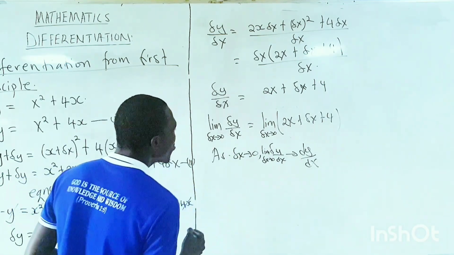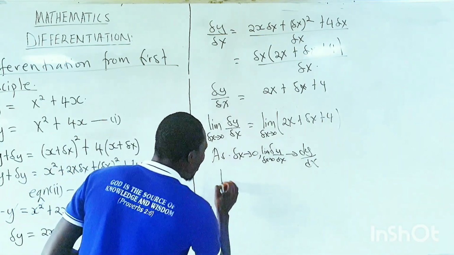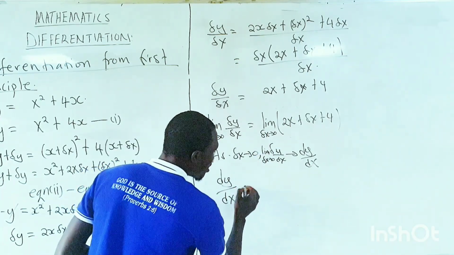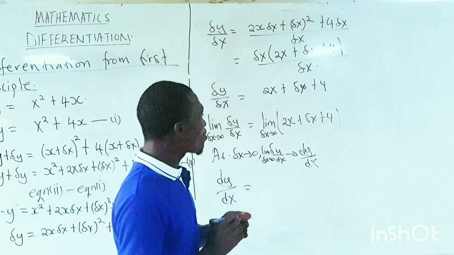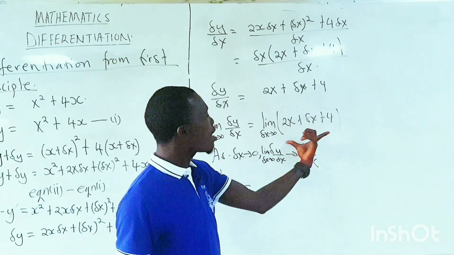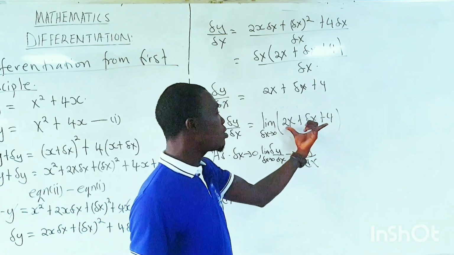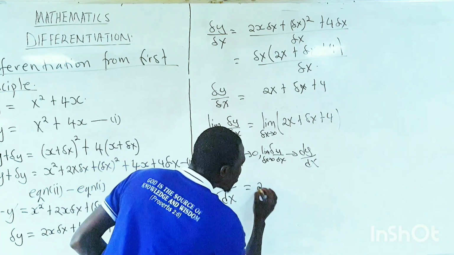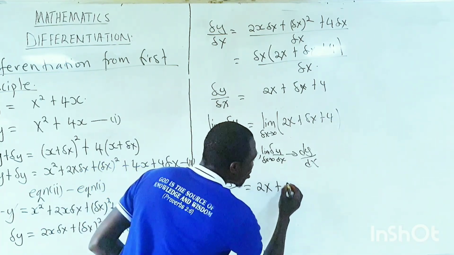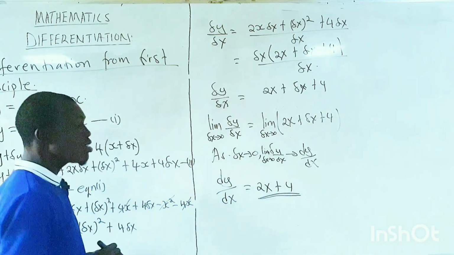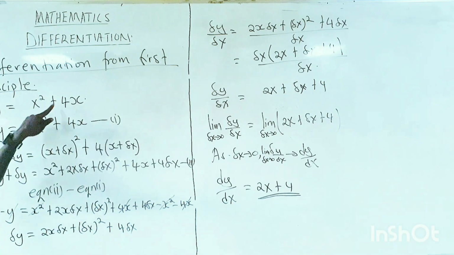So it will imply that dy over dx equals, from here, this delta x will become 0. So our equation this side will remain 2x plus 4. On the right hand side we have 2x plus 4 as our final answer. And that is what we get when you differentiate this function from the first principle.